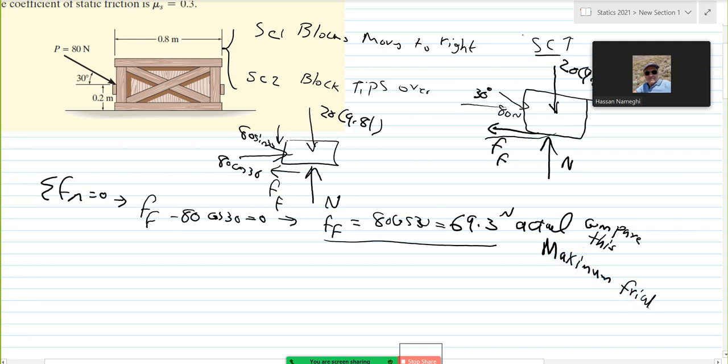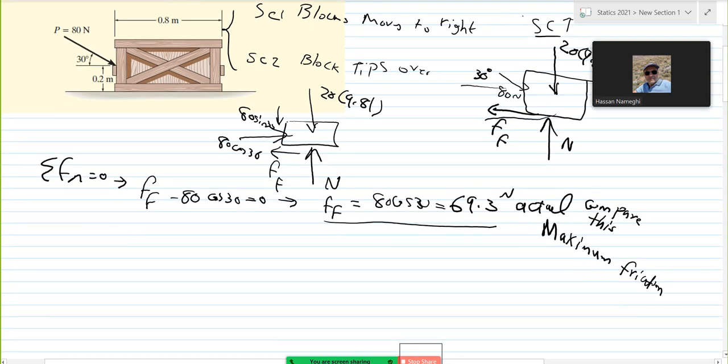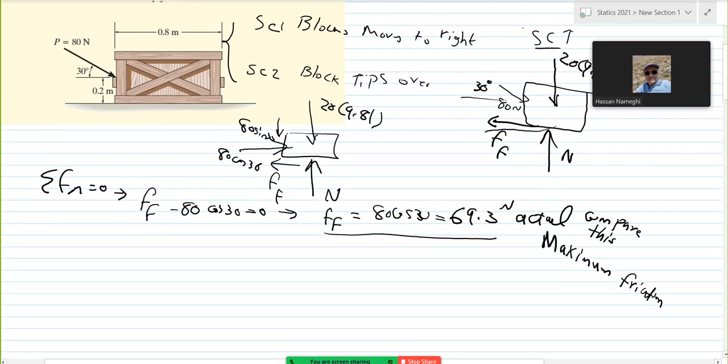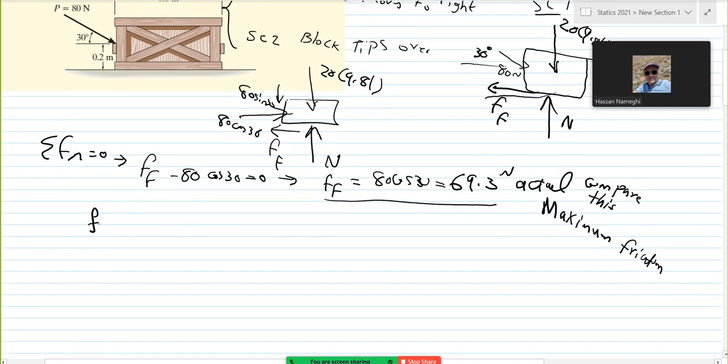If the actual friction is more than the maximum friction, it will move, right? If it's less than that, it will not move. So let me calculate the maximum friction.